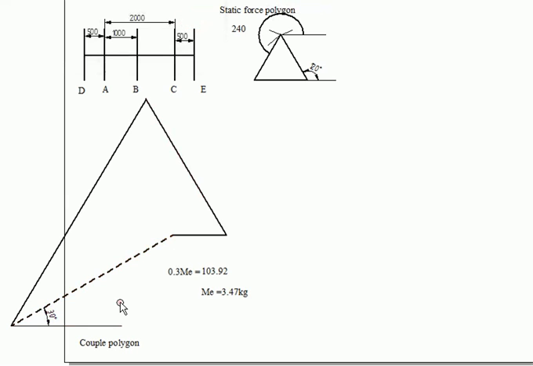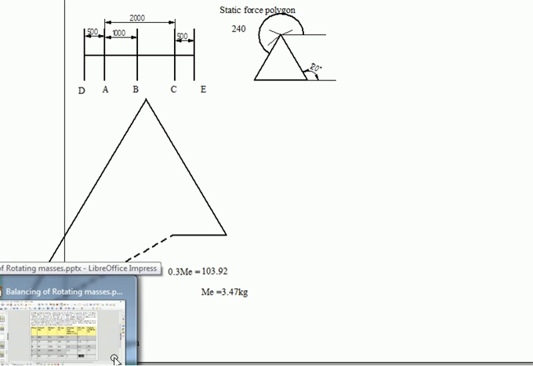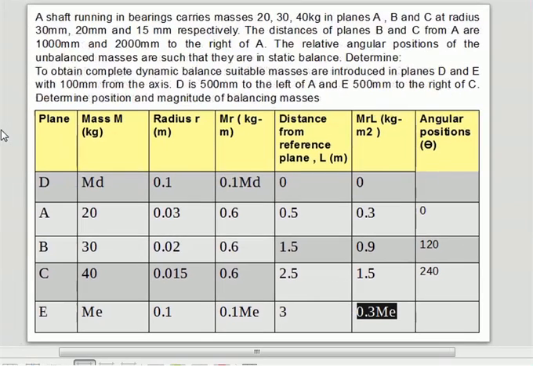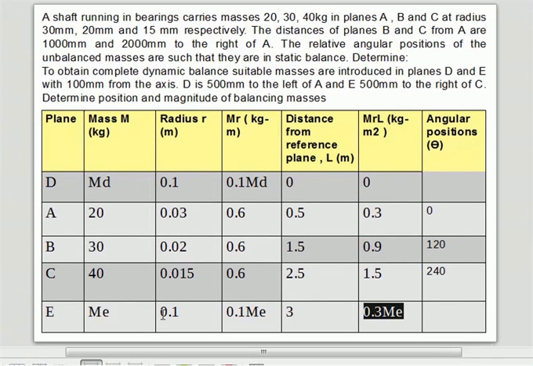So you will get angle 30 degree. So 30 degree is the inclination of mass E. So you will get me as 3.47 and its inclination will be 30 degree.